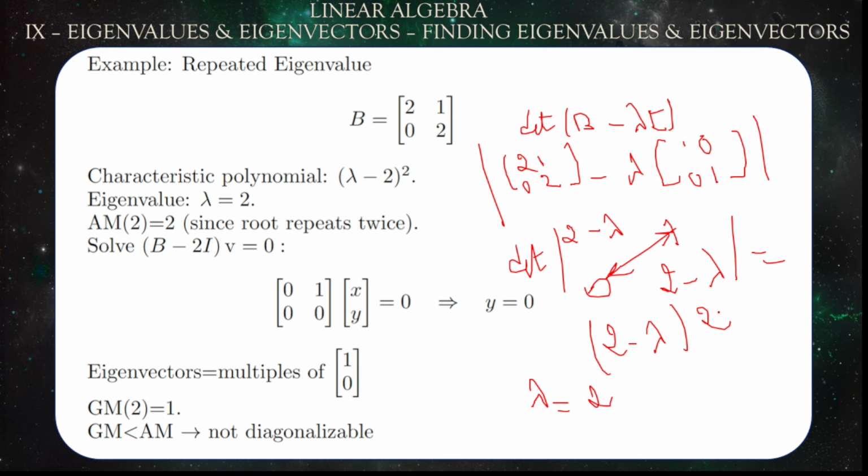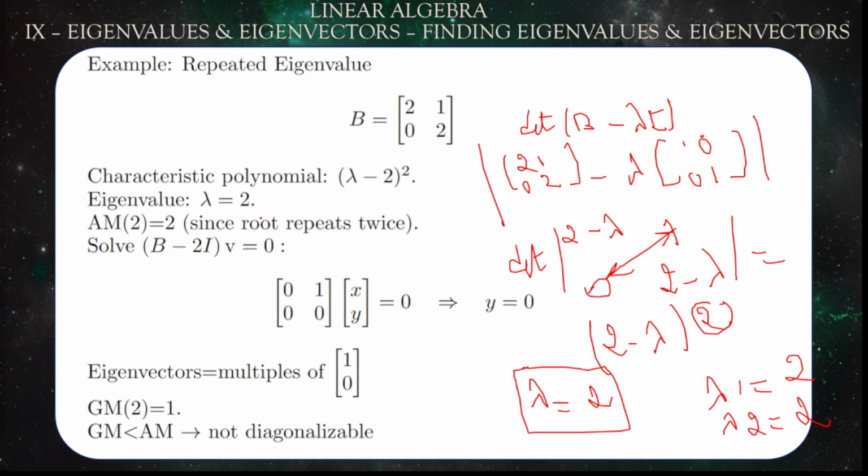However, the power of 2 means that there's a repetition of lambda twice. So lambda equal 2 is a double root, since the power is 2. So you have lambda 1 equal 2 and lambda 2 also equal 2. You have one double root, in other words, this root is repeated twice. So the characteristic polynomial is (lambda minus 2) squared, lambda equal 2.